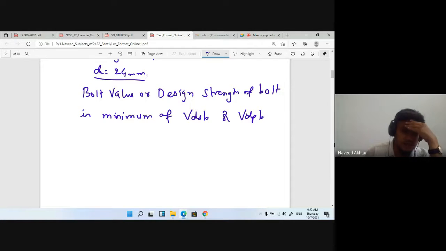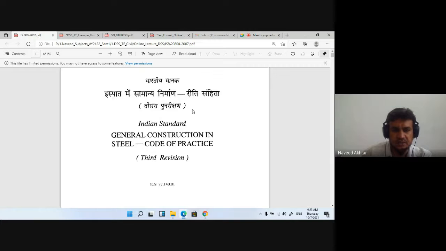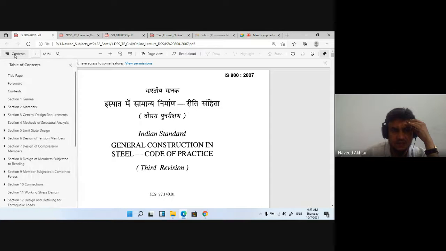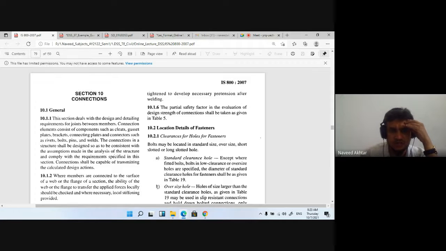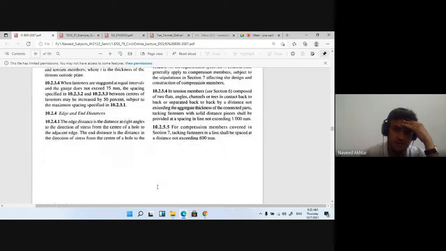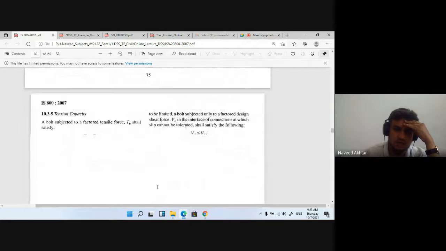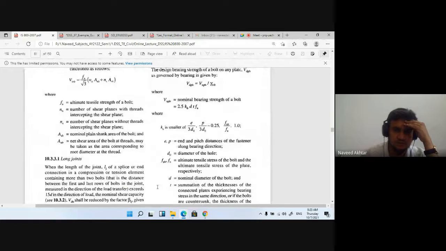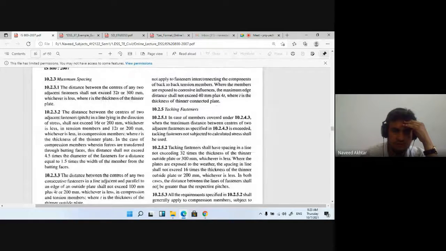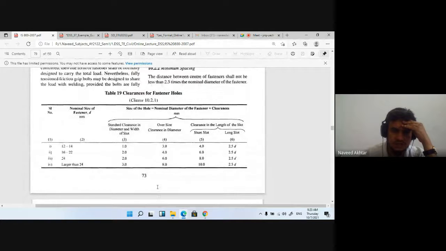So we know that the diameter of bolt is 24 mm, then D0 is equal to 24 plus 2, or you can go to the IS code. In IS code, section number 10 is design of connections. In section number 10 the clauses are given, and table number 19 gives the clearance for the fastener hole.